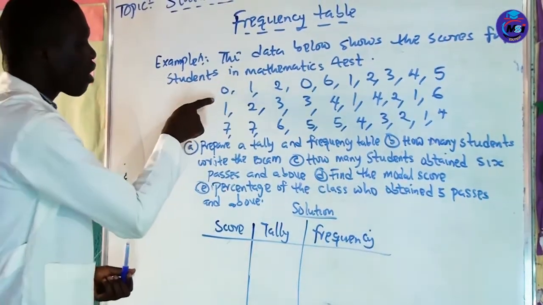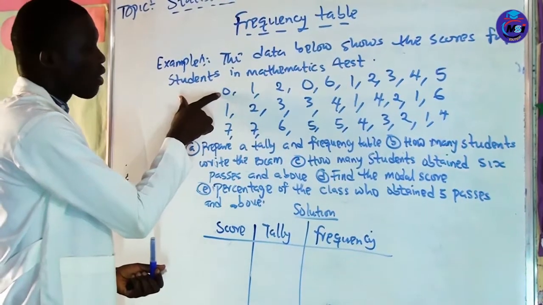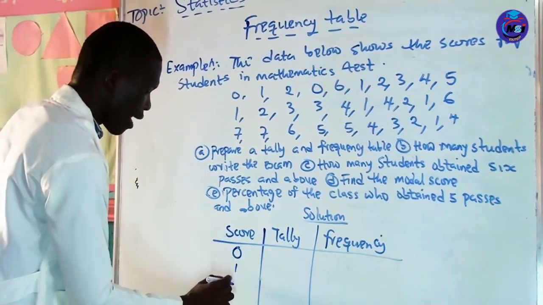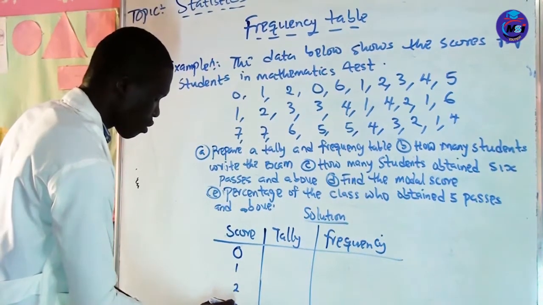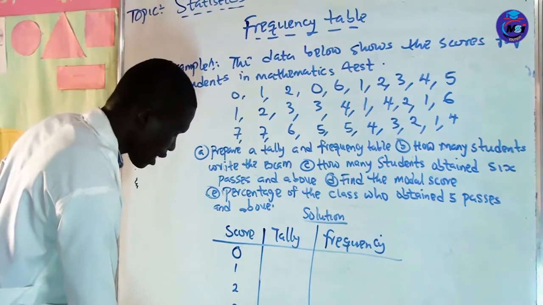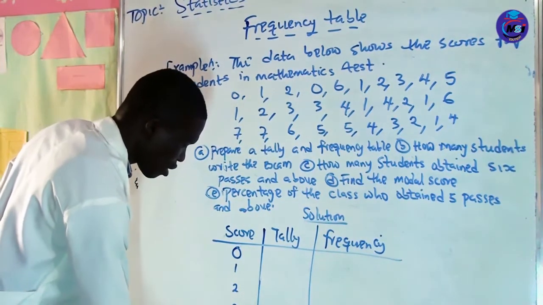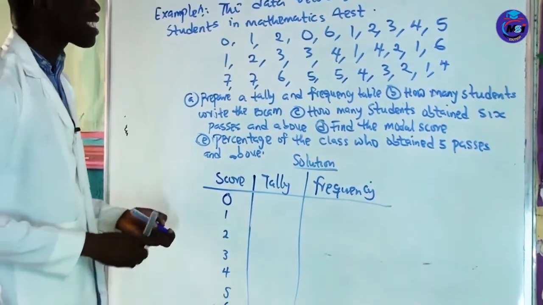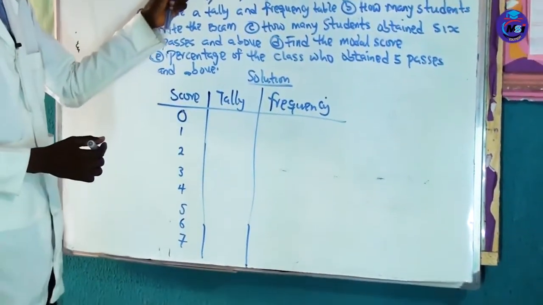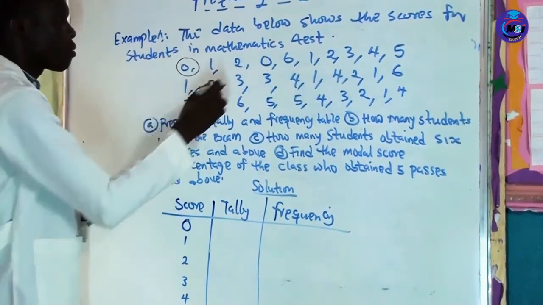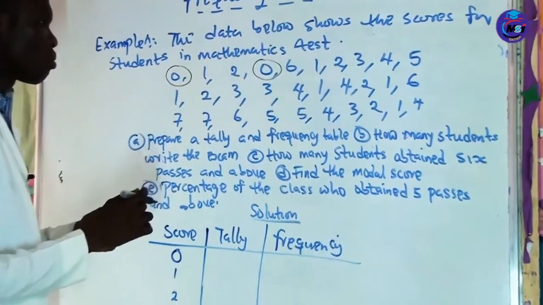Now, we are going to do something here. Looking at this, the lowest score is 0. So you are going to start from 0, 1, 2, 3, 4, 5, 6, 7. Now, how many times does 0 occur here? Let's circle 1, 2.